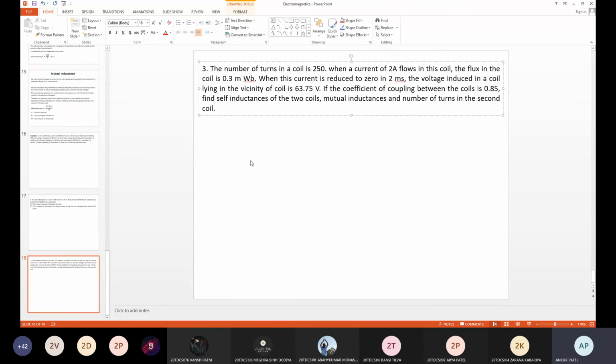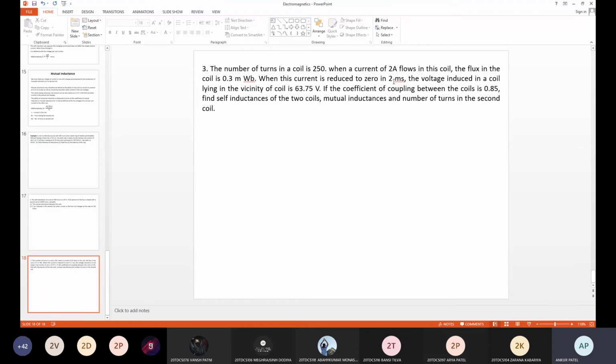So what are the given data? This 250 means? N1. Yes, N1. This 2 ampere, I1. Good. Then 0.3 milliweber, phi1, or you can write 0.3 into 10 raised to minus 3 Weber. Then this 2 millisecond, dt.